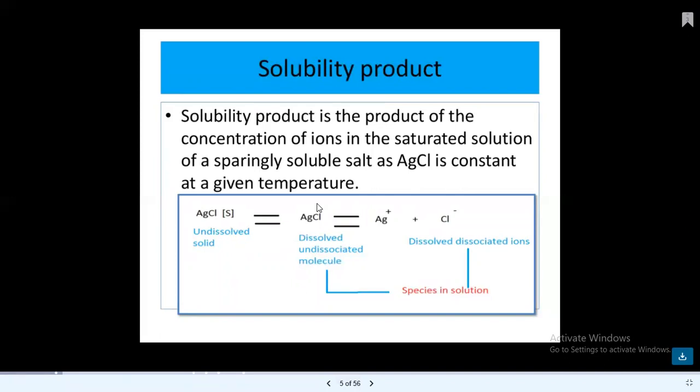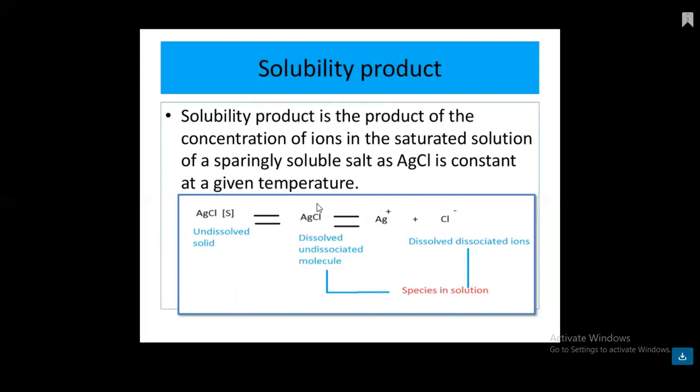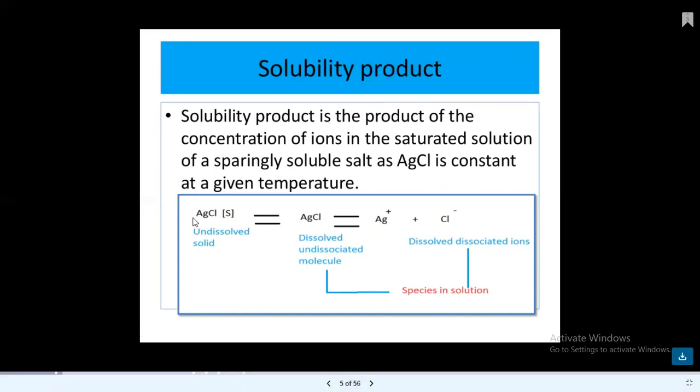At that particular pH, temperature, and reaction condition, it depends on a number of things: silver chloride present in undissolved solid form, silver chloride that is dissolved but undissociated as molecules in the solution, and the ionized form, the dissolved or dissociated ions of silver and chloride.